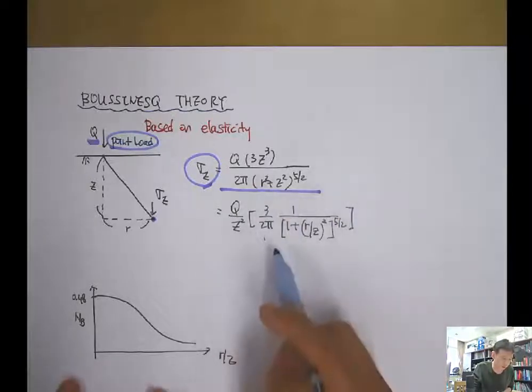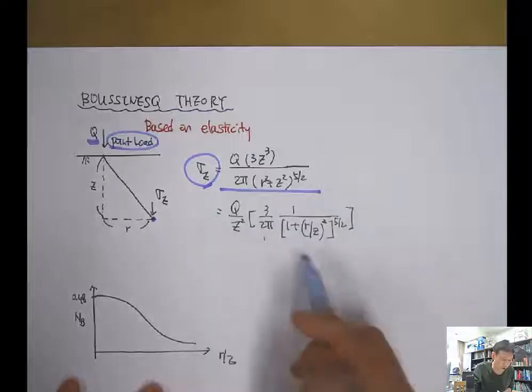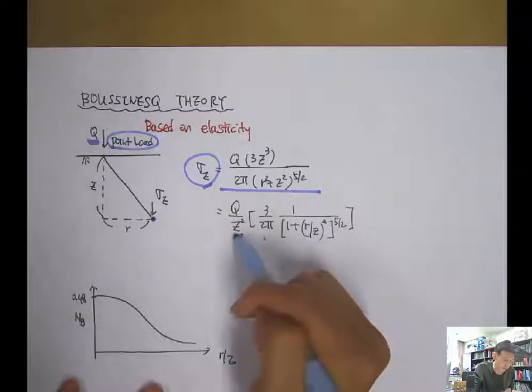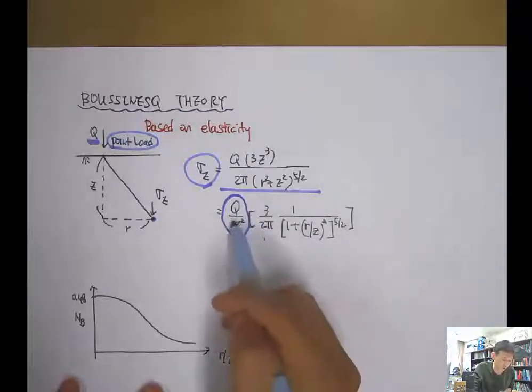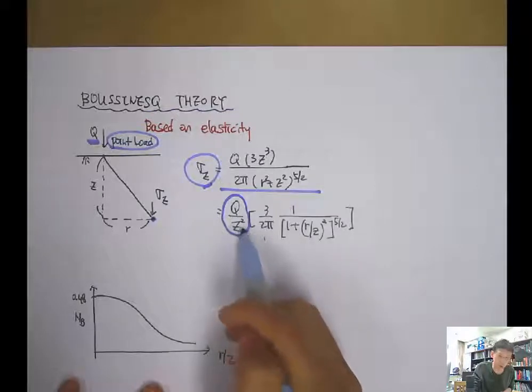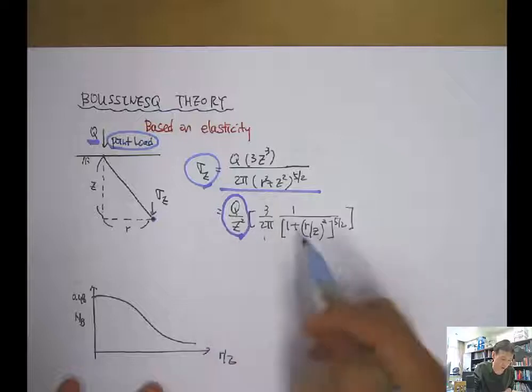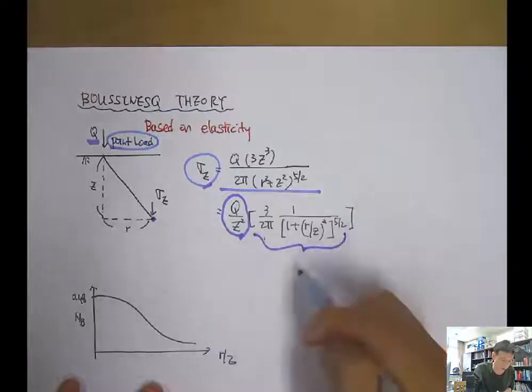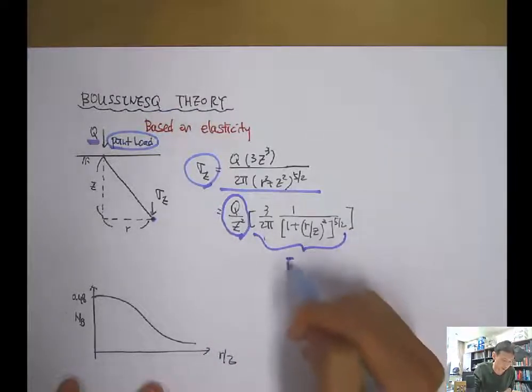If we manipulate the equation so that Q is divided by z squared, the depth squared, this becomes a stress, and then this becomes the influence factor.